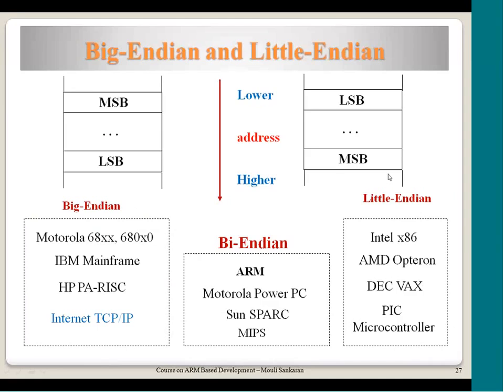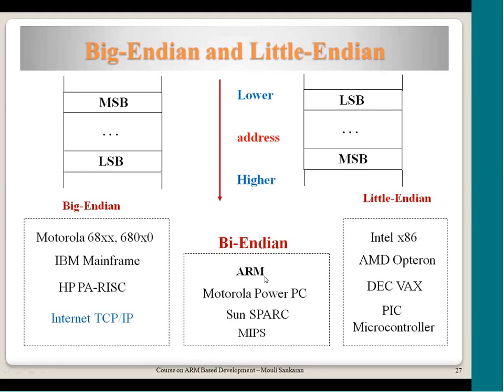There are some processors, and our ARM is also here, that support both. Why does a processor like ARM need to support both? As I told you, ARM is an IP core given to different processor vendors to build their systems along with the ARM core. So there is a requirement, maybe application specific, or it could be tied to another processor in the system, and ARM is part of it.